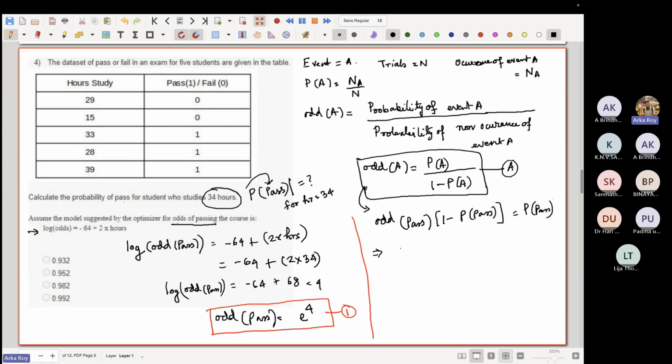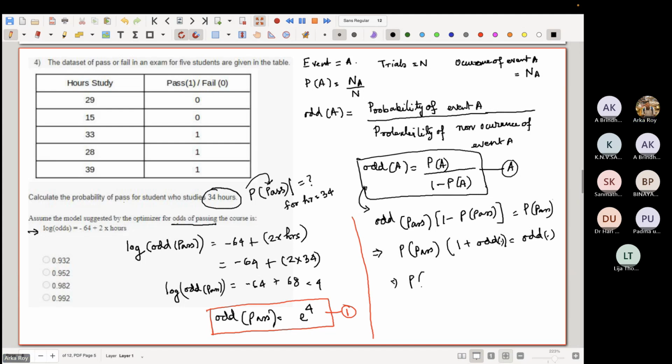Therefore, probability of pass times 1 plus odd is equal to odd. Inside odd there is this argument, pass, I am not writing it.